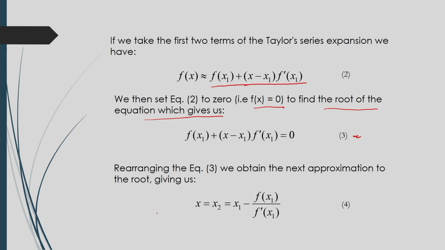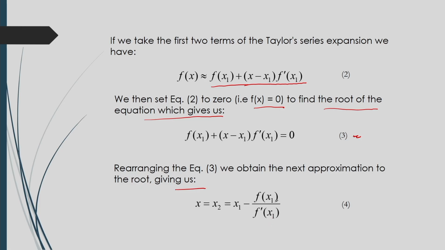Now, if we rearrange equation number 3, we get the next approximation to the root, given as x equals x2, that is equal to x1 minus f of x1 by f dash x1.